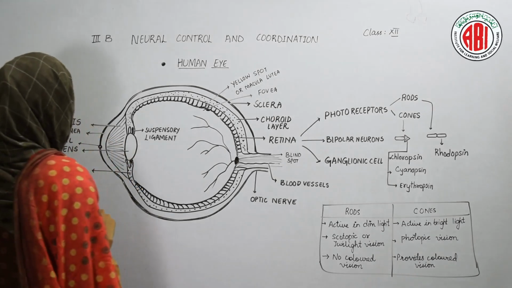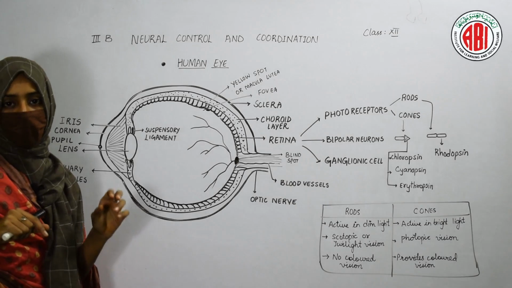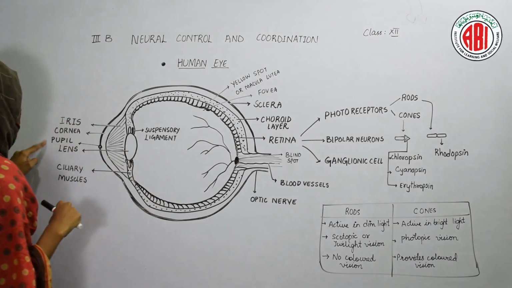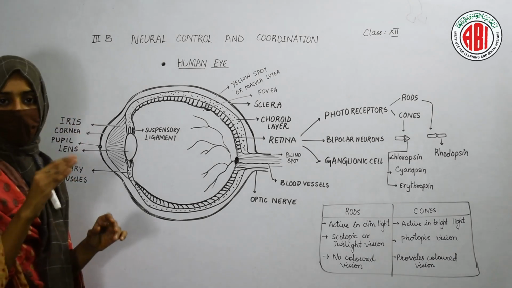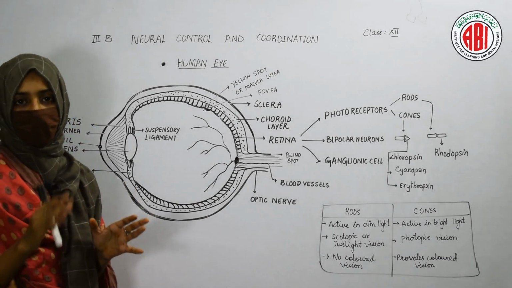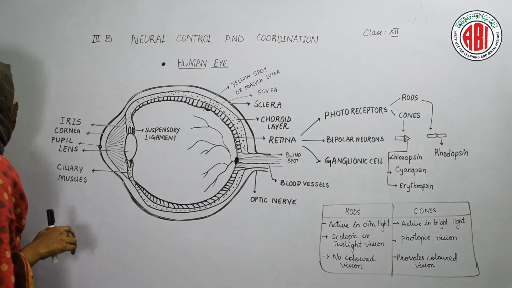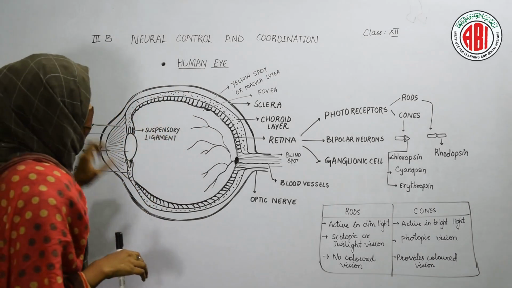The iris shows one hole in its center through which the light enters into the eye, and that hole is called pupil. Over the iris and pupil, a transparent covering can be seen, and that covering is termed as cornea. So, this is about the different structures that you can find in the human eye.